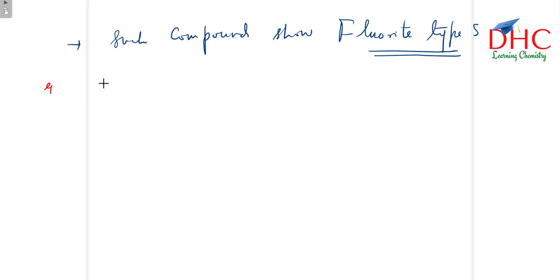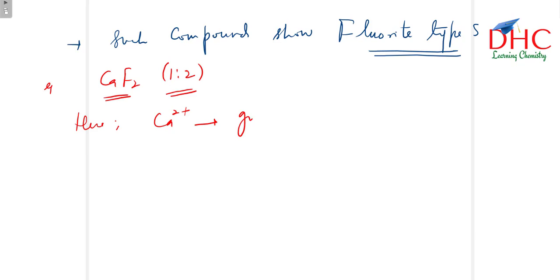For example, we have calcium fluoride as the compound, in which the ratio of cation and anion is obviously 1:2. Here जो calcium है, it goes for FCC packing, or we can say CCP packing, cubic close packing or face centered cubic packing.